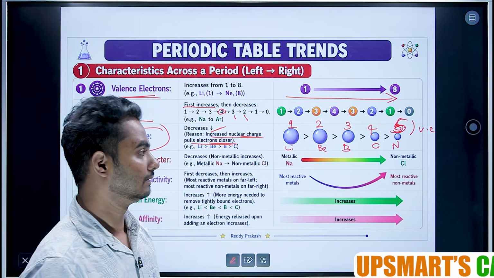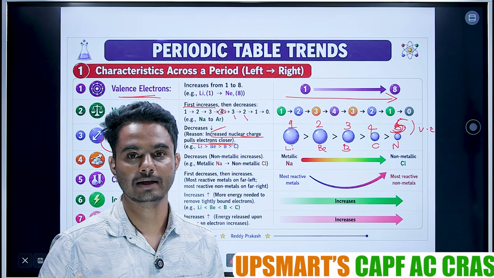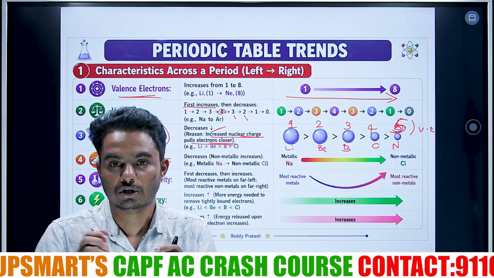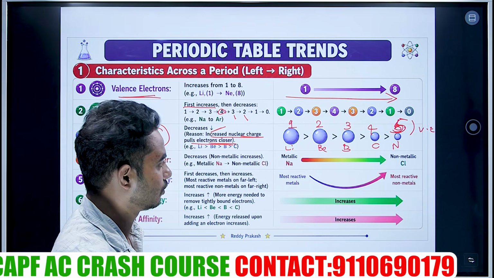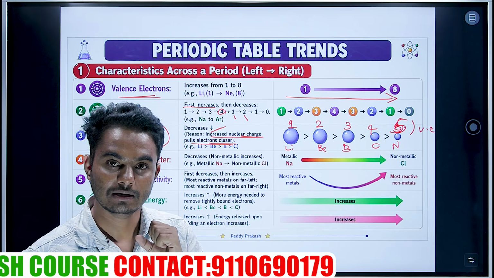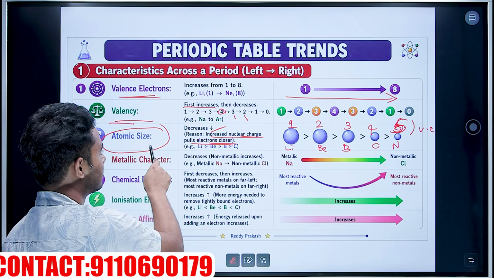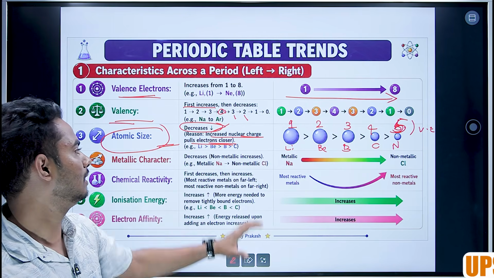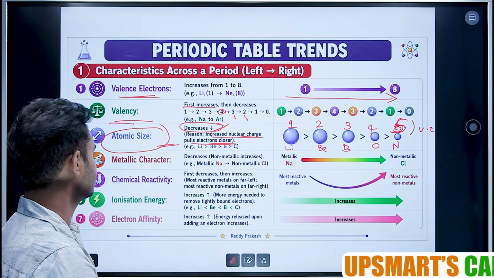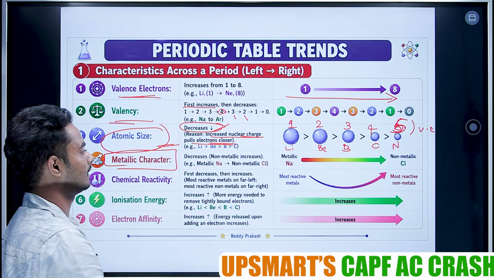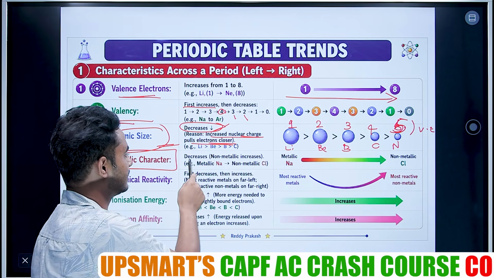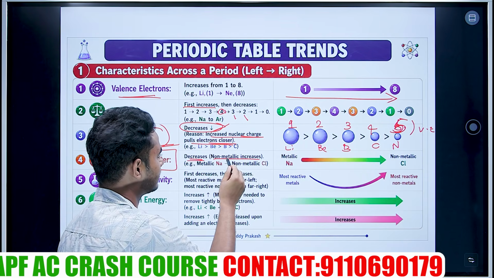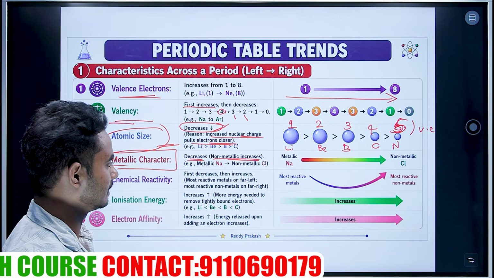Valence electrons increase. That means the net electrical charge on them will keep on increasing. When charge increases, the compaction also increases. When compaction increases, the atomic size will decrease. So the trend is that atomic size will decrease, not increase, across the periodic table. Next is metallic character. Metallic character decreases. Non-metallic character increases.